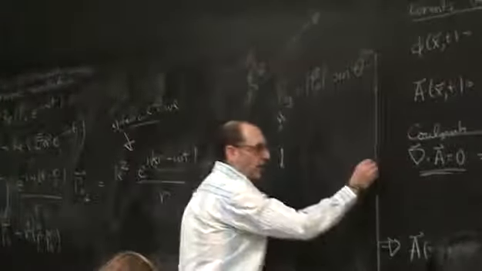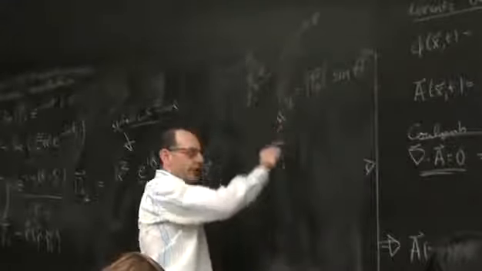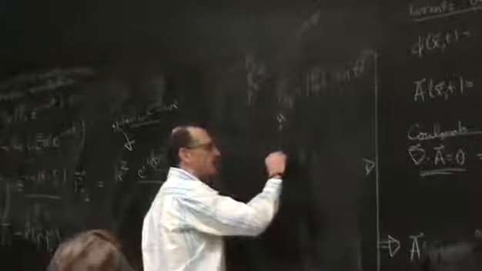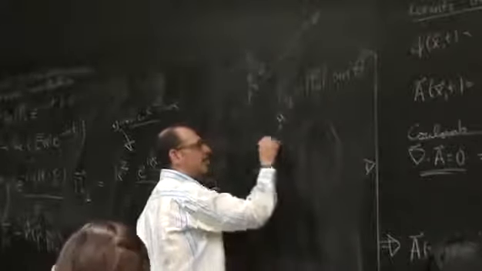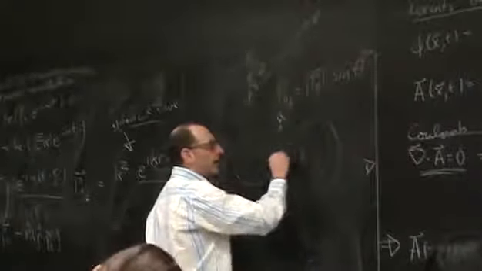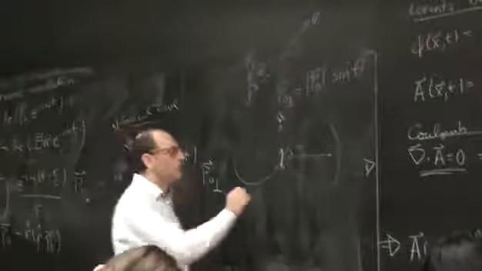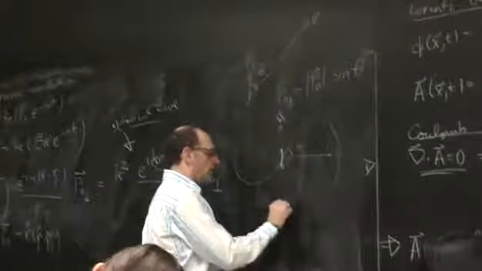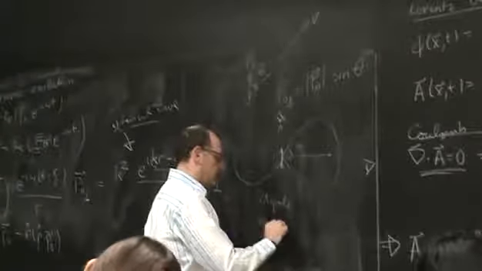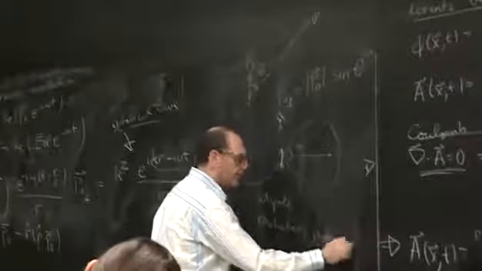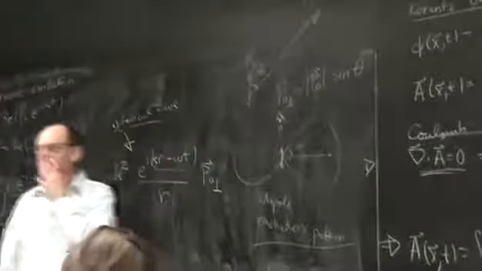If I'm looking at it from the side, I see only transverse oscillations, strong fields. And as a function of theta, the strength of the field falls off. This is what's known as a dipole radiation pattern, which we will discuss more next time.